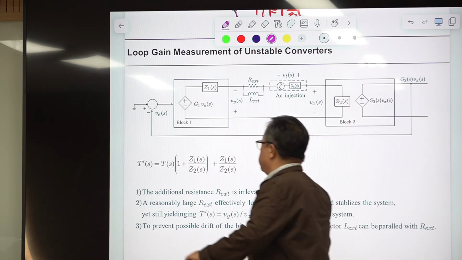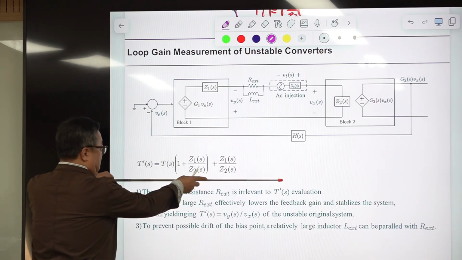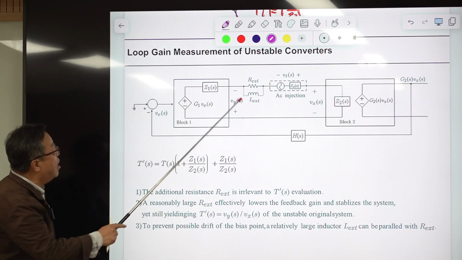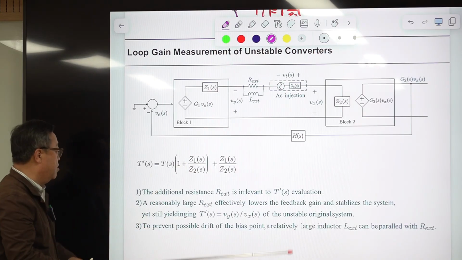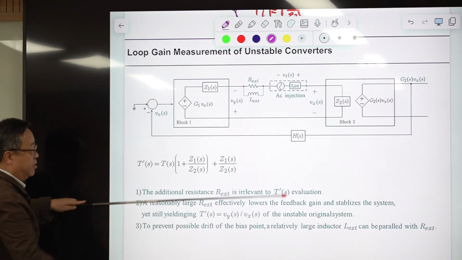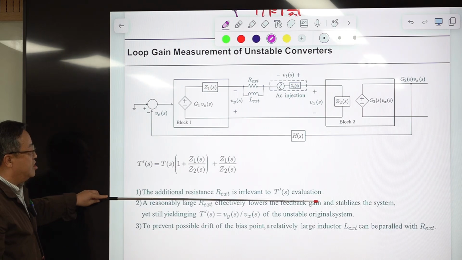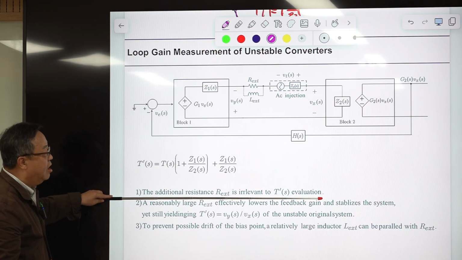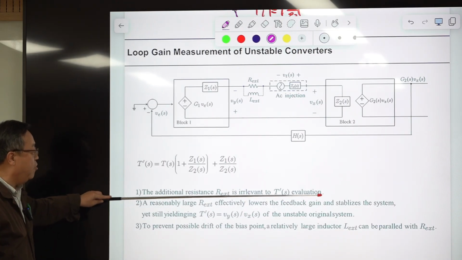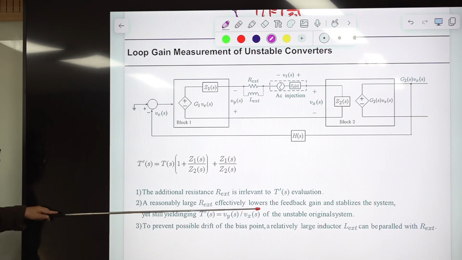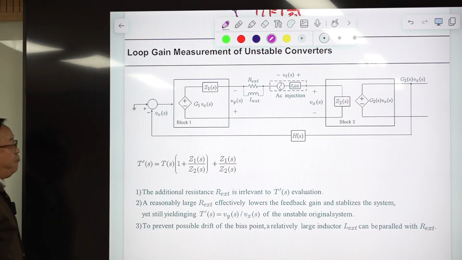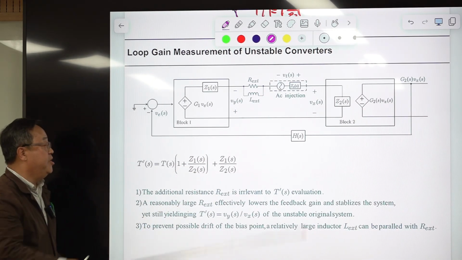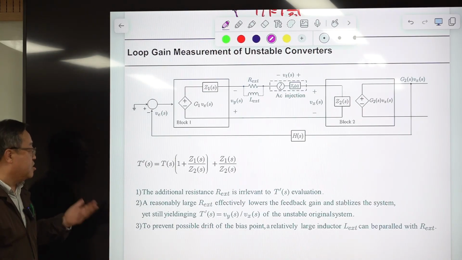So this is the original equation, and there is no dependency between this equation and this value. I wrote down this one. Additional resistance Rext is totally irrelevant to the TS evaluation, and a reasonably large Rext will effectively reduce the feedback gain by this voltage division, and that will stabilize the system.